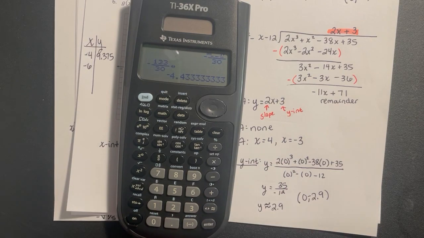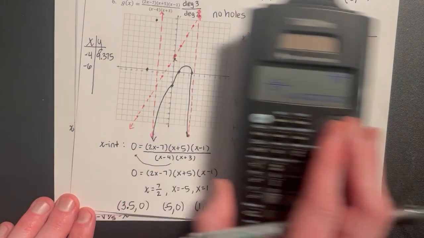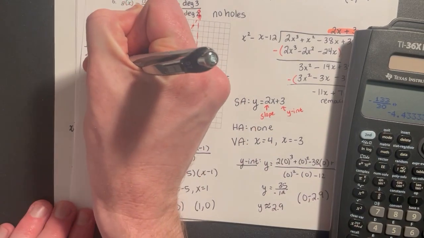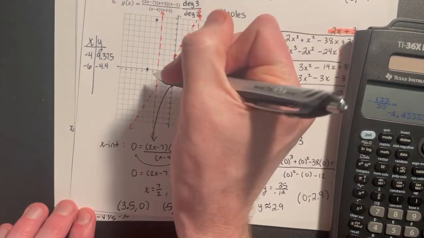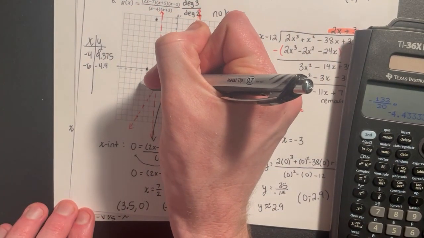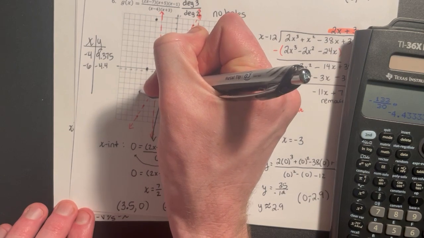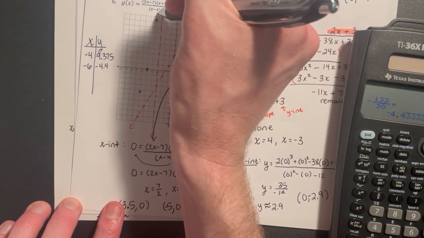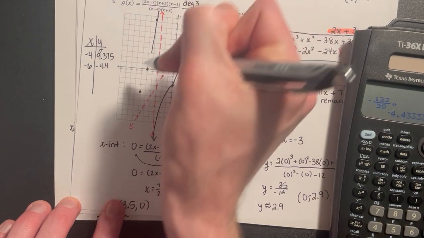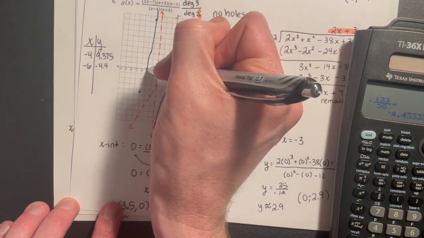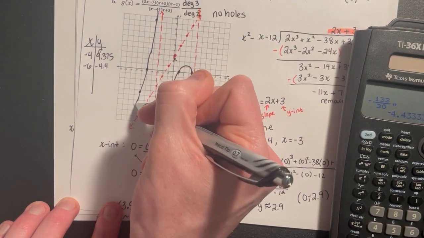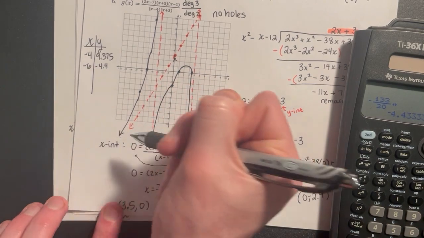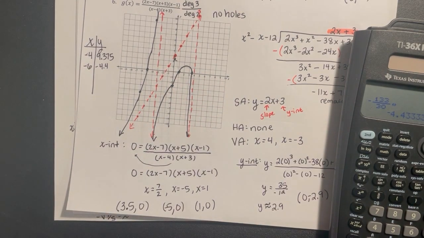That gives me roughly -4.4. So 1, 2, 3, 4, roughly around there. What we're going to see is we're approaching that vertical asymptote at -3, and then we're going to start approaching this slanted asymptote towards the left.